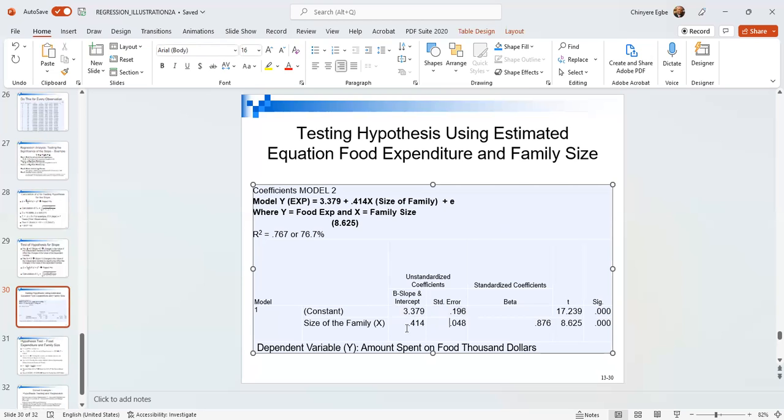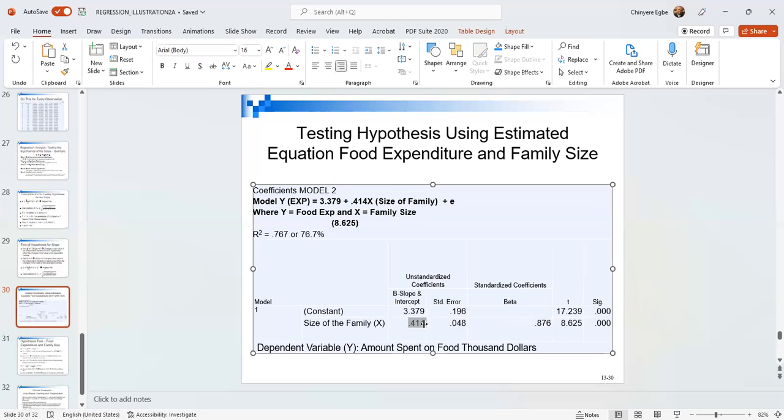And the size of the family, which gives you the slope, is 0.414. So for each additional person in the family, the additional expenditure on food is 41 cents.